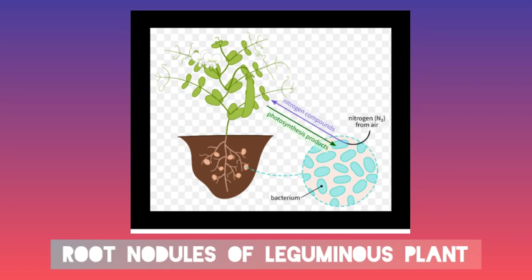These bacteria absorb the atmospheric nitrogen, that is N2, and convert it into nitrogen compounds like nitrates and nitrites and make them available to the plant.